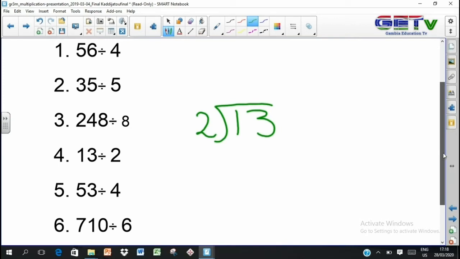This is 1 ten, 3 units. 1 divided by 2 is 0 because 2 is greater than 1. 2 times 0 is 0. If we subtract, 1 minus 0 is 1. Let's bring the 3 down.